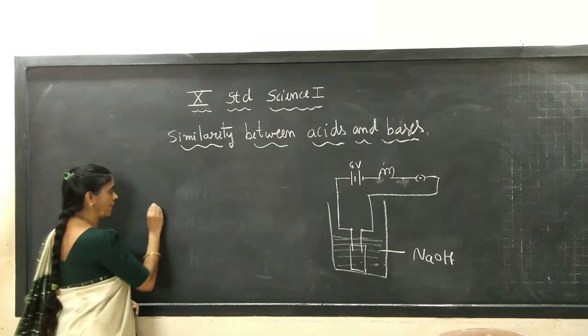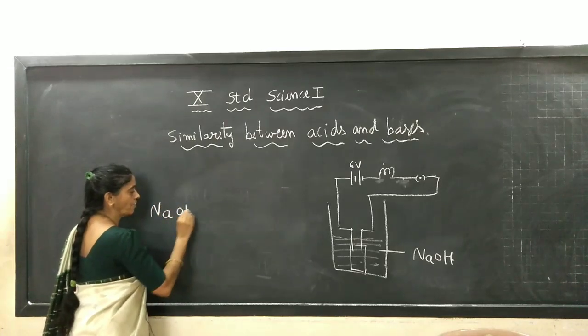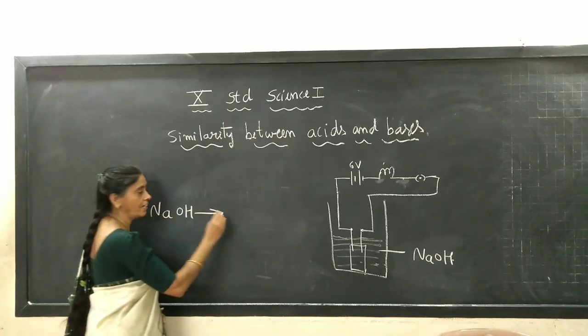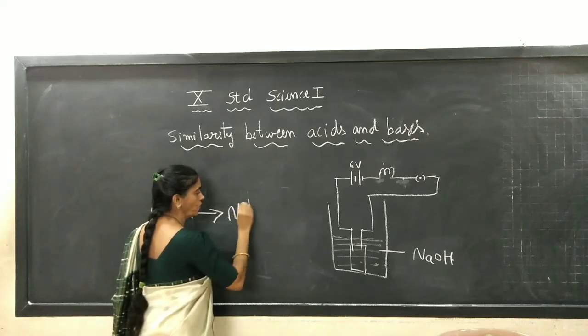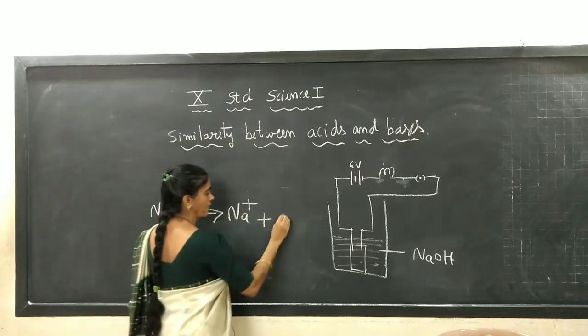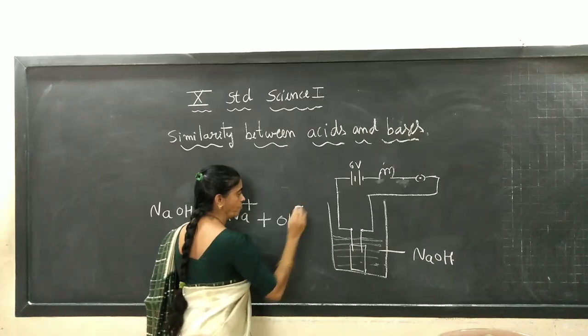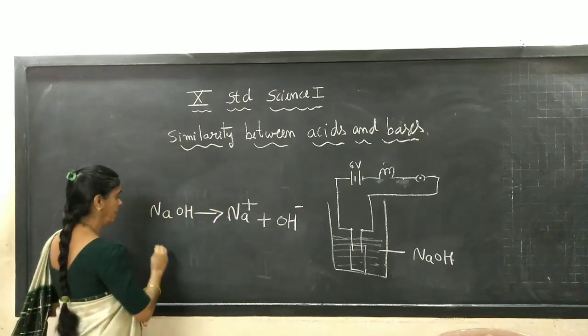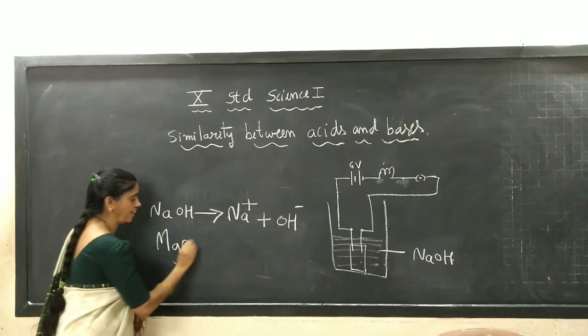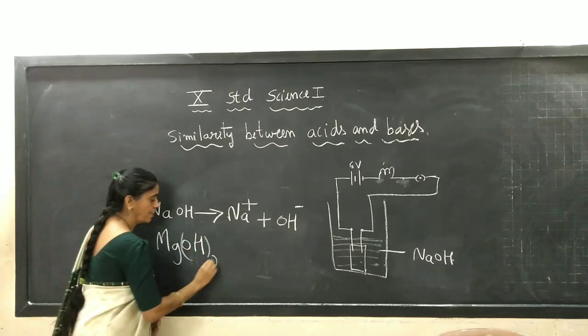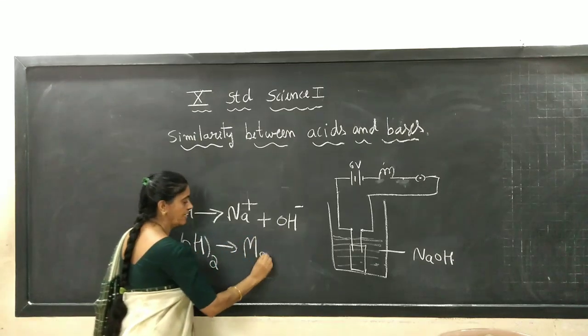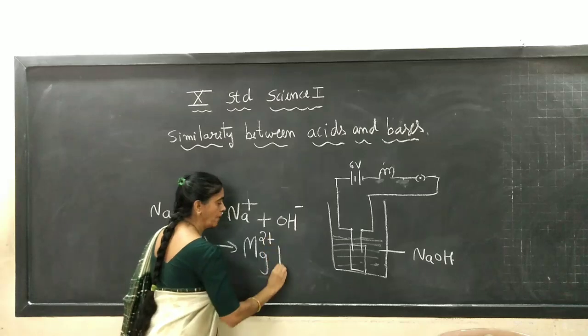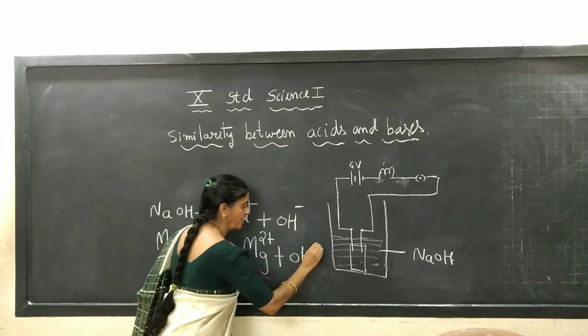What happens to the base? Sodium hydroxide in water breaks into sodium ion plus hydroxide ion. Or if you take magnesium hydroxide base, it breaks into magnesium ion plus hydroxide ion.